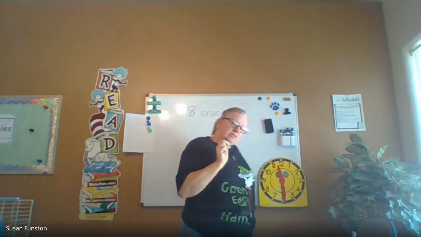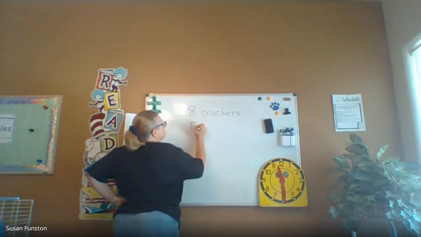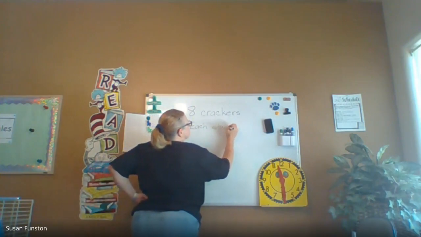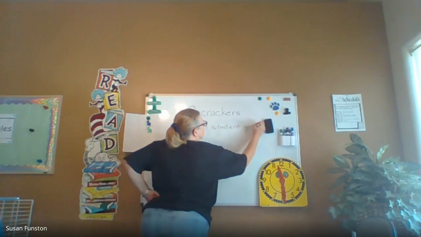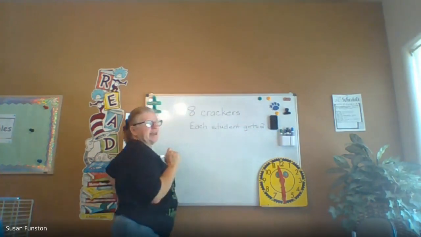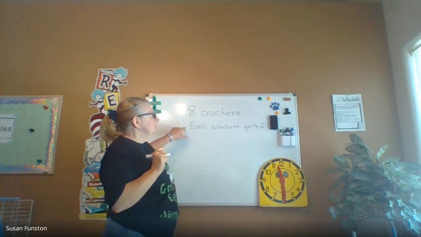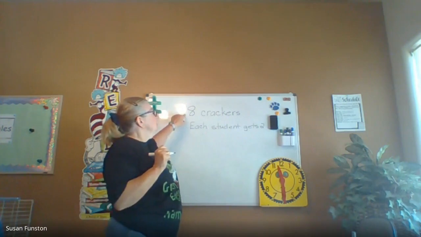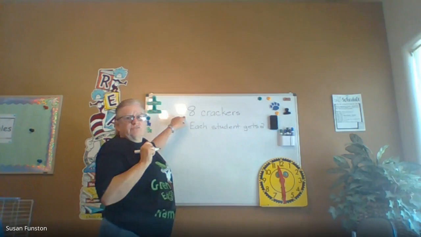Okay, each student now is going to get 2 crackers. So last time, I knew how many students I had, and I didn't know how many they each got. This time, I know that each student gets 2, but I don't know how many students I'm going to be able to give those crackers to.